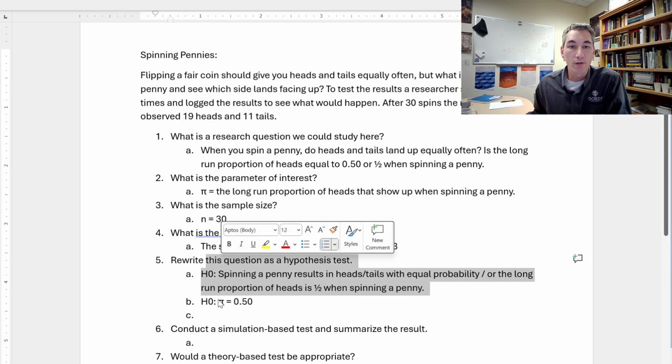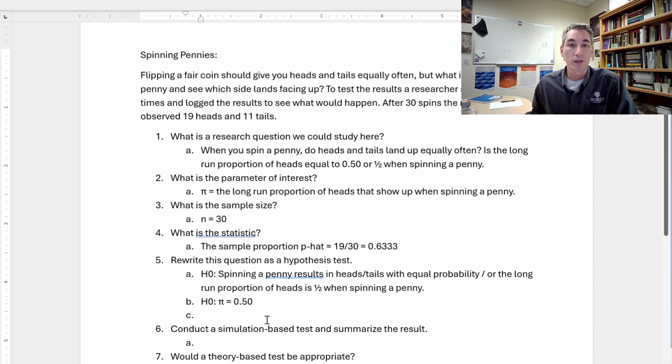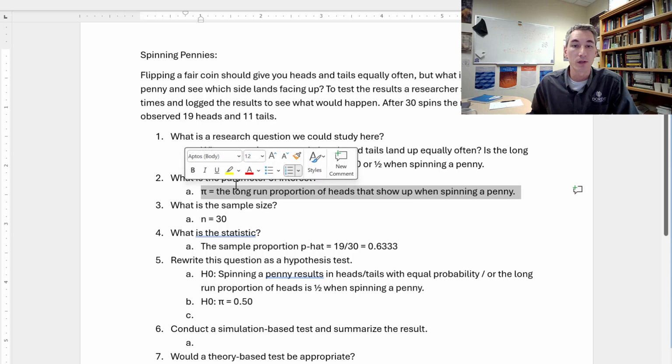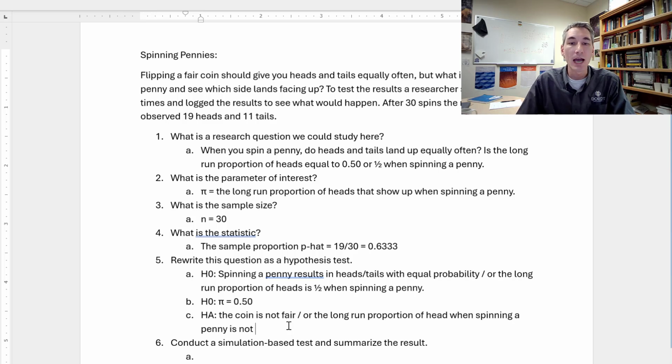You can write it in words, or you can write it using symbols, and oftentimes we're going to use both. And you'll notice if you are using symbols, it's important that you have defined what that symbol is. Okay, the alternative hypothesis is, the coin is not fair, something like that, or the long run proportion of heads when spinning a penny is not 1/2.